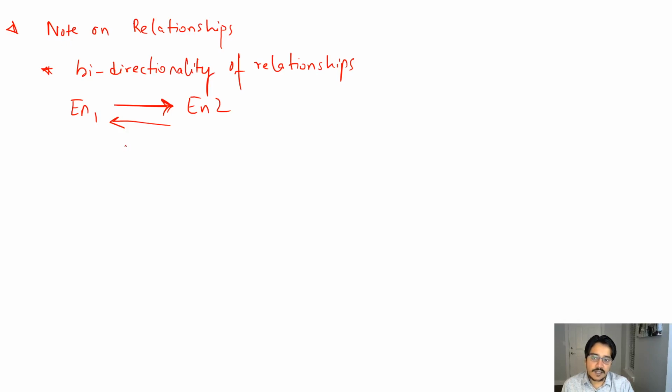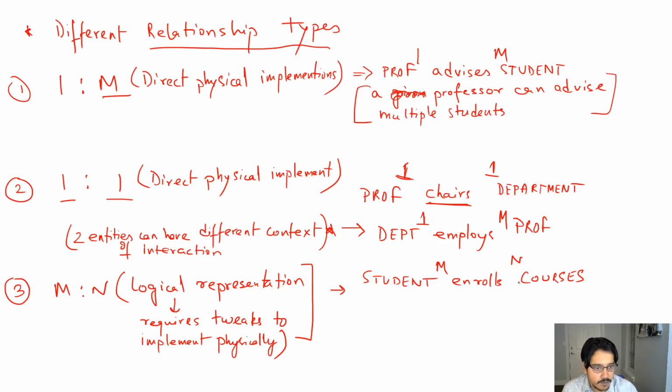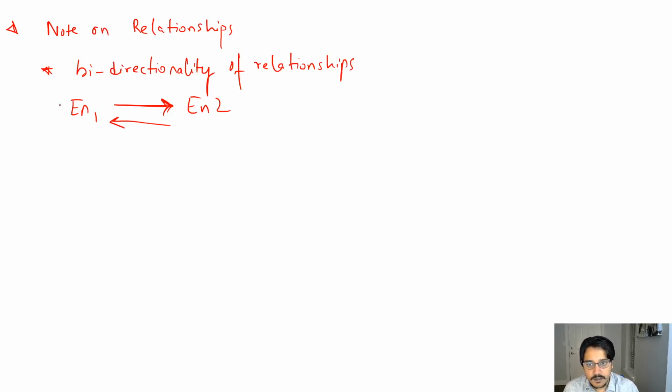We can take the most recent example that we talked about. When we say a student enrolls in a course, it has 1 to n.